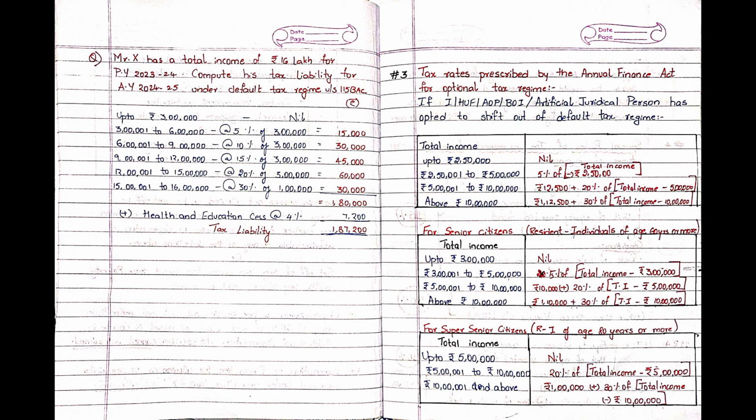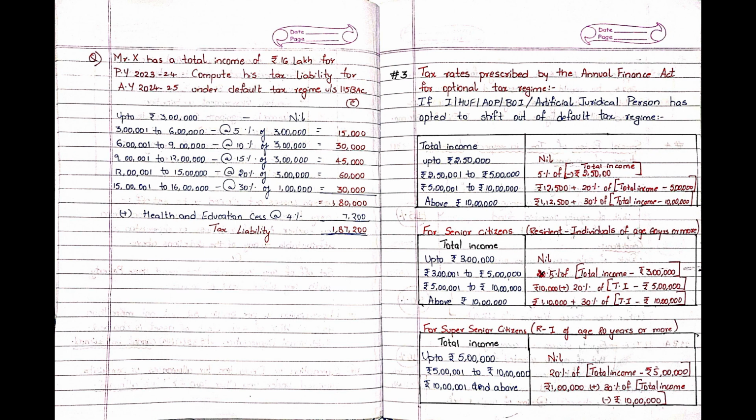So the tax is leviable from the income which exceeds rupees 3 lakh. From 3 lakh rupees to 6 lakh, the tax is charged at 5% on the amount in excess of 3 lakh. That is, on 6 lakh minus 3 lakh, 5% of tax is charged, which amounts to rupees 15,000.